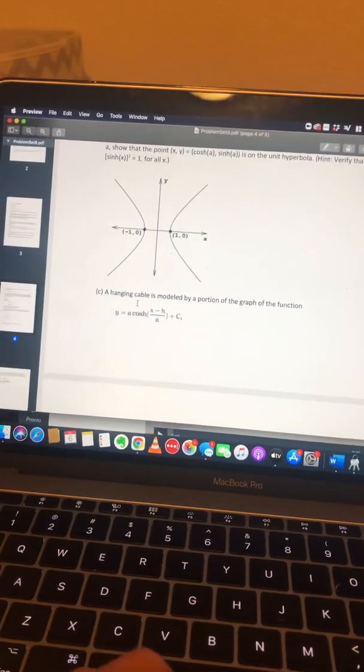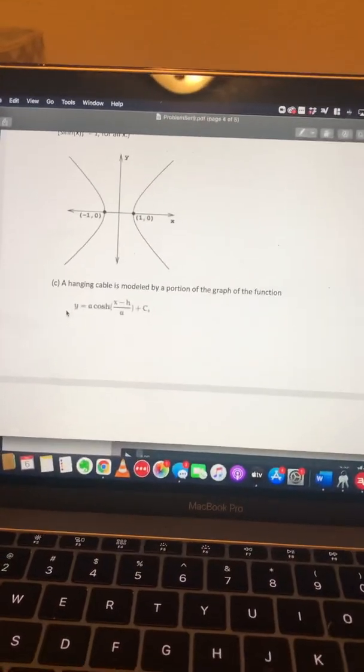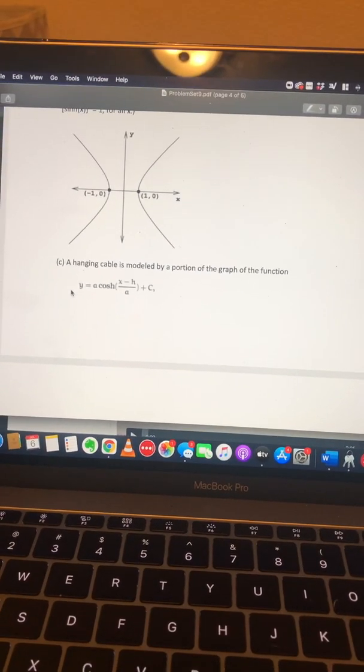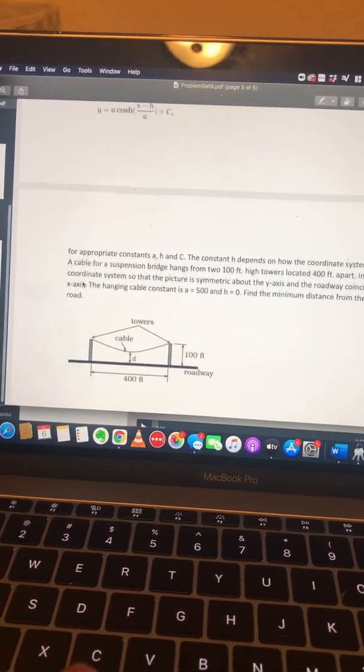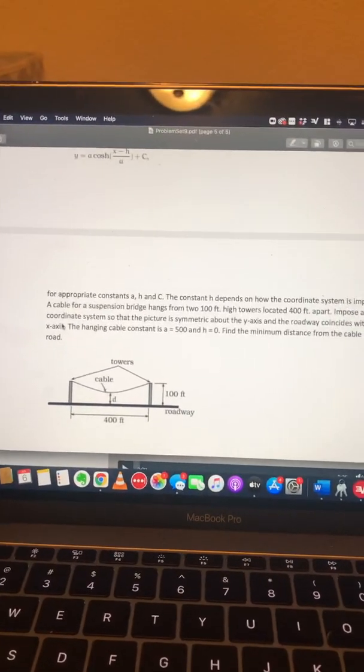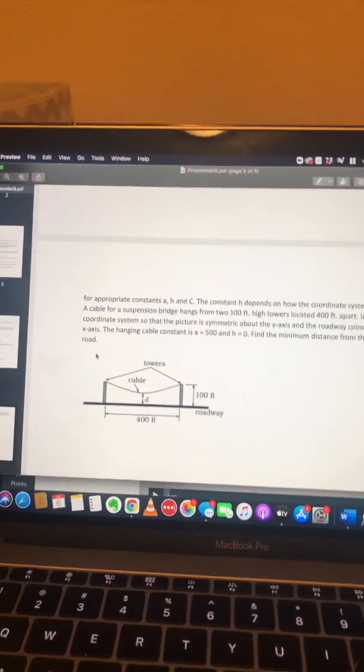So now we're going to go to part C, which gives us y is equal to a cosh of (x minus h) over a, plus c, for appropriate constants a, h, and c. The constant h depends on how the coordinate system is imposed. It's going to tell us how to do that in a bit.